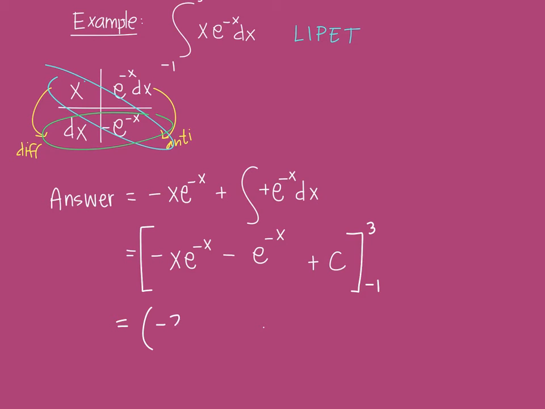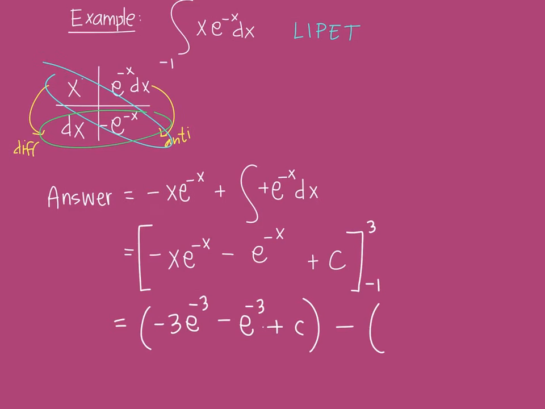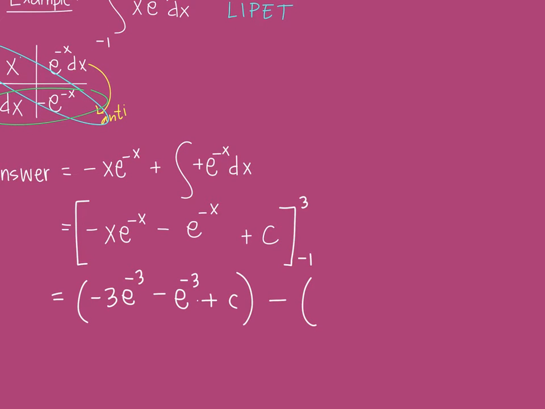So I'll have -3 e to the -3 minus e to the -3 plus c, minus parentheses, 1 e to the first minus e to the first plus c.